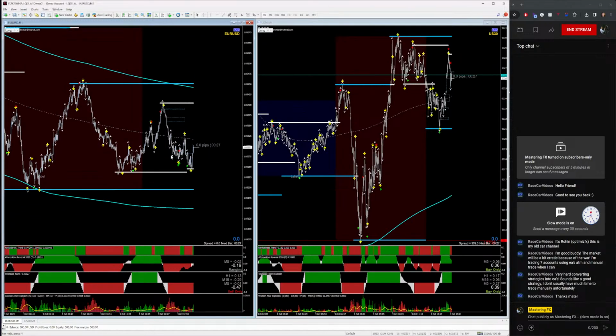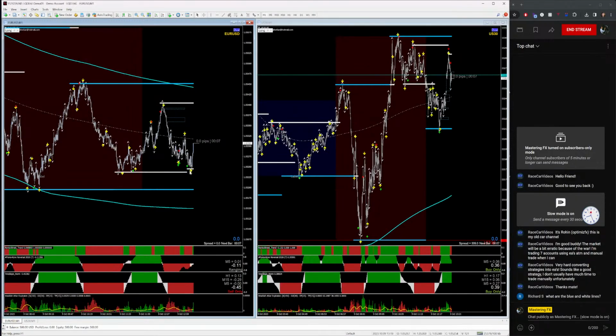The reason why I would consider this is because we did touch the band here, which was also the low of the London session. And again, my theory is that price travels between those two bands back and forth. So the next logical target would be the upper band. However, I need some liquidity being raided before I take an entry. So since this is basically halfway in the move up there, I would consider this liquidity to be valid.